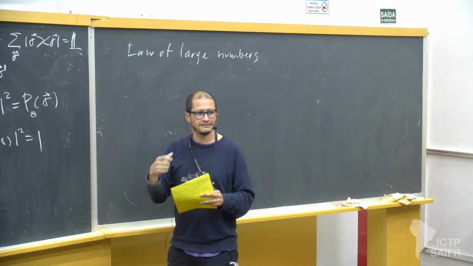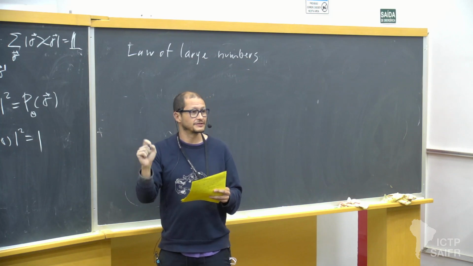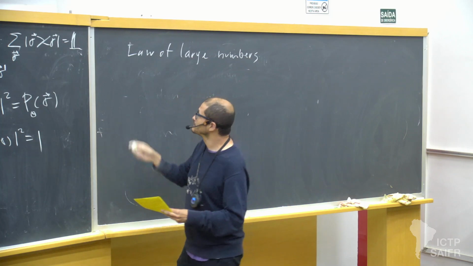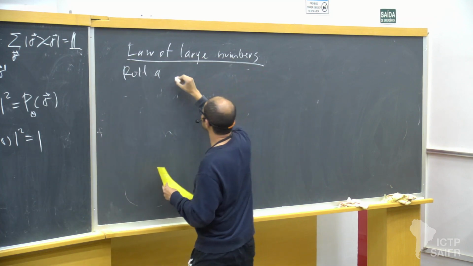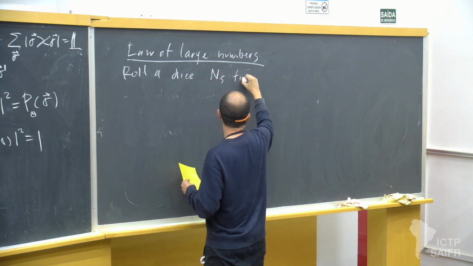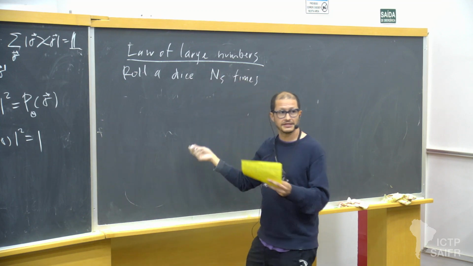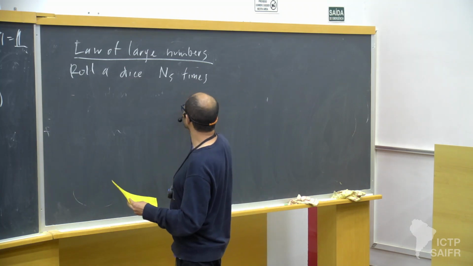Suppose you have a die, and you roll it 100 times or many, many times. So roll the dice ns times, where ns is a large number of times. Then you get outcomes.